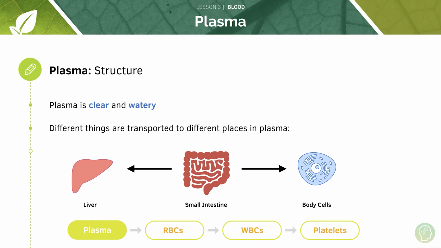And similarly, hormones are transported from endocrine organs to their target cells, also in the plasma. So you can see here how the plasma is a really important part of the transportation function of blood.